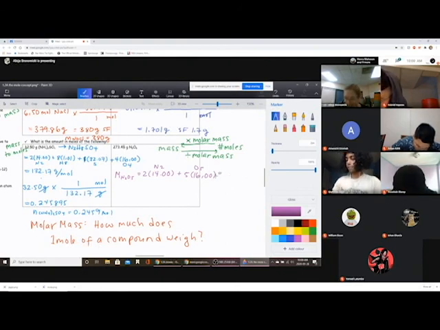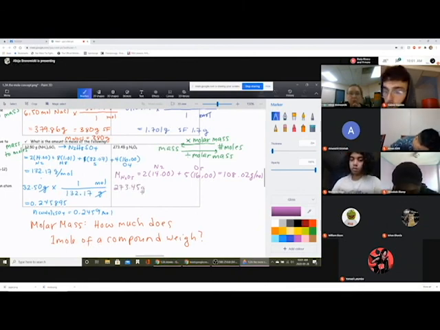So my molar mass is 108.02 grams per mole. Okay, so I want to turn this into moles. So let's write our starting quantity. 273.45 grams times, I want to get rid of grams, so grams goes on the bottom.